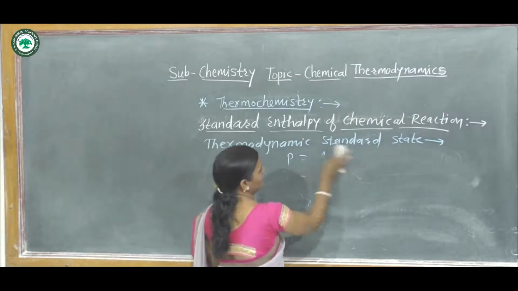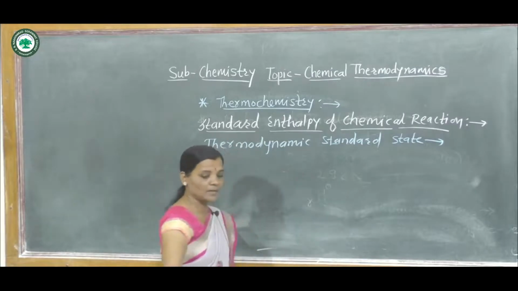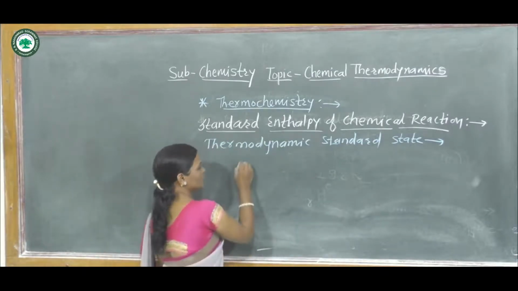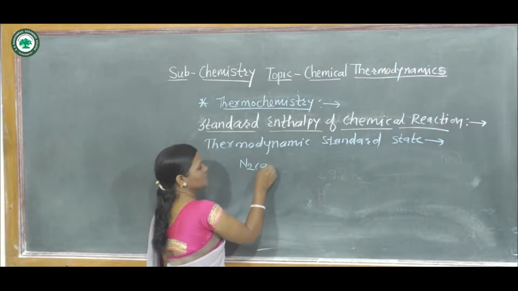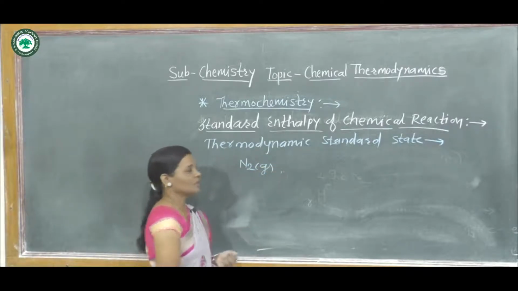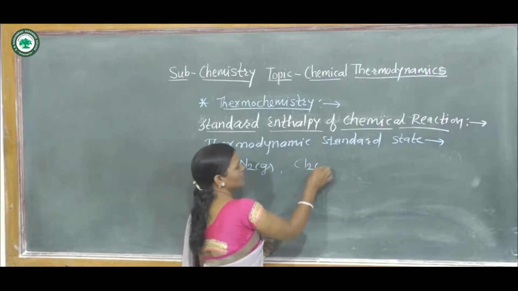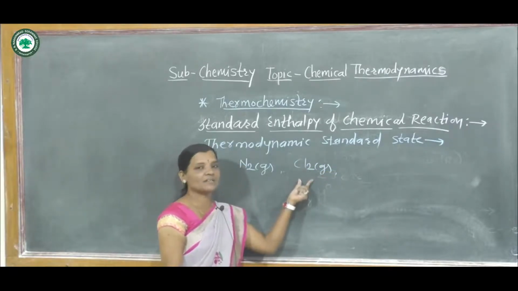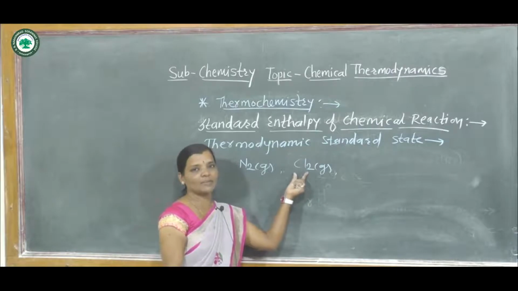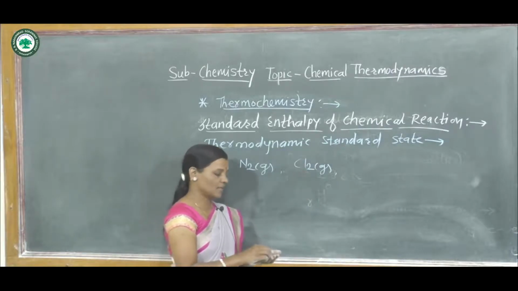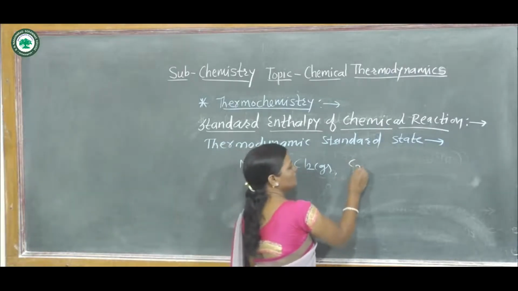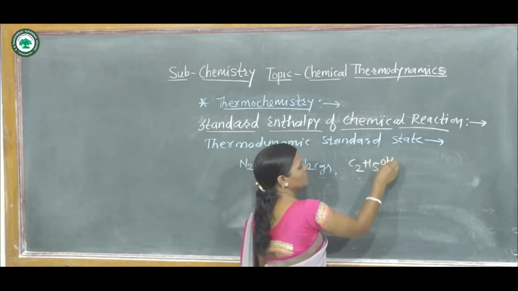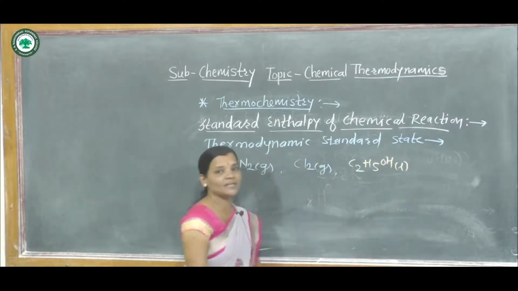Now let us see the examples. For example, nitrogen in its standard physical state exists in the gaseous state. For example, Cl2 exists in its gaseous state. This is the standard physical state for Cl2 at 1 bar and 298 Kelvin. For example, ethanol, C2H5OH, exists in liquid state.